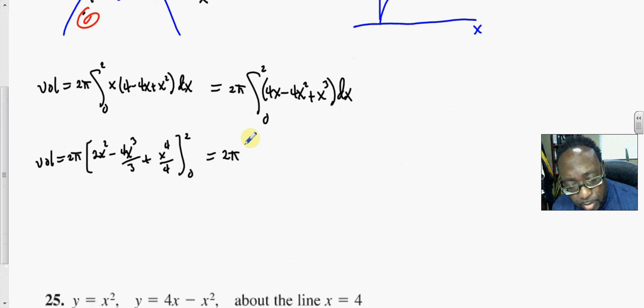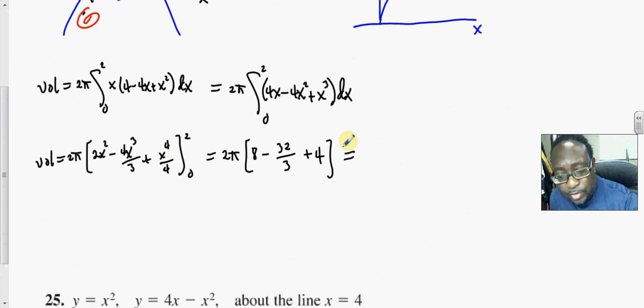So we have 2 pi, and here we get 8 minus 4 times 8, 32 all over 3, plus 2 to the fourth, 16 divided by 4 is 4.